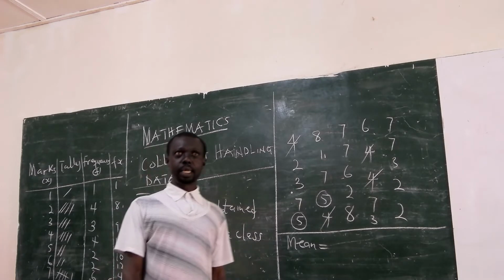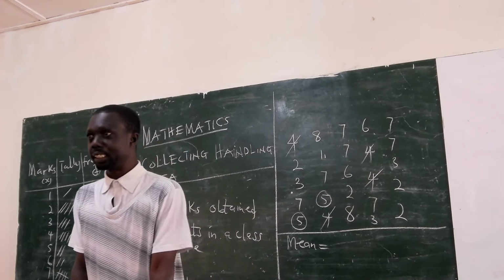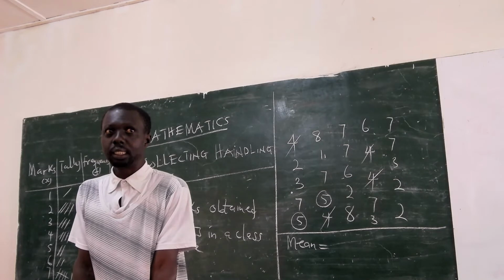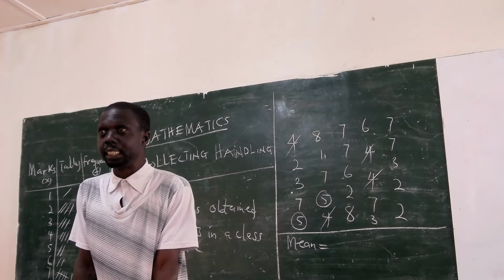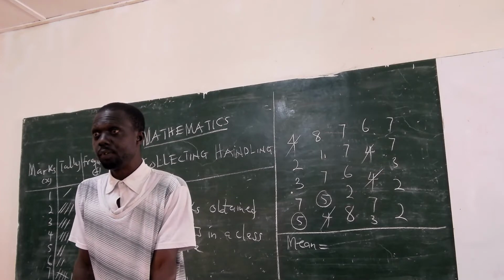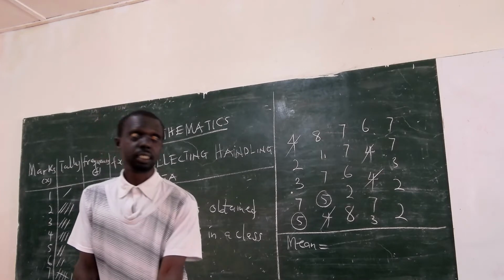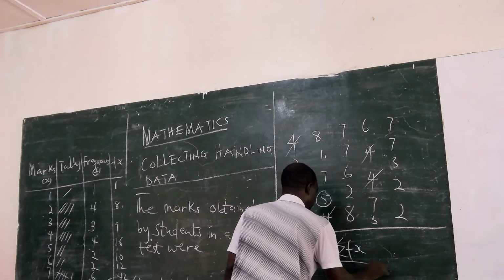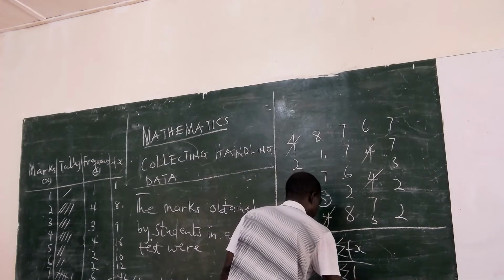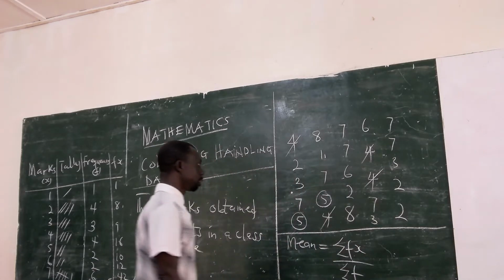The formula for finding the mean is sigma Fx divided by sigma F. That's summation of Fx divided by total frequency, sigma Fx divided by sigma F.